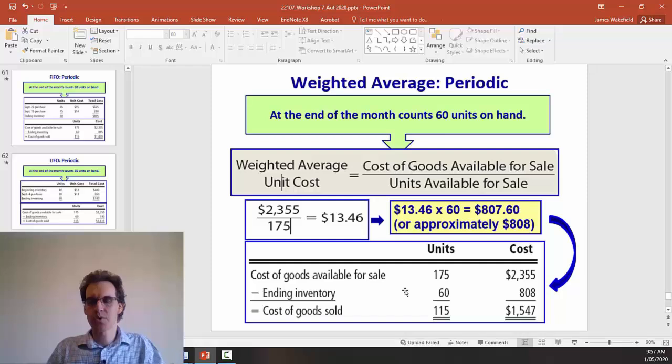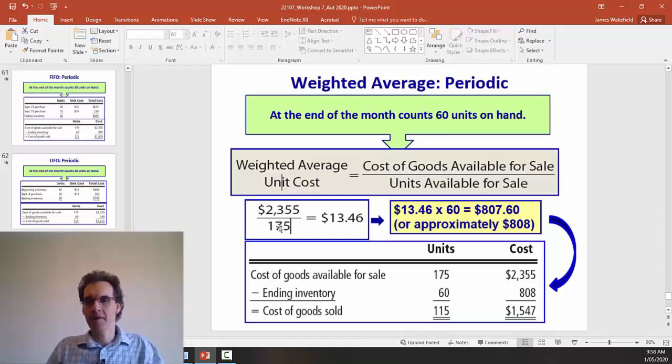Now, weighted average is the last method that we're looking at here. Again, what we need to do is we need to work out the value of ending inventory and deduct that from the cost of goods available for sale. So what you do when applying this method under the periodic inventory costing system is you add up the total cost of all inventory available for sale, which we know is $2,355.